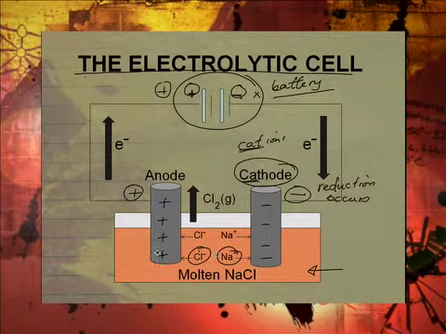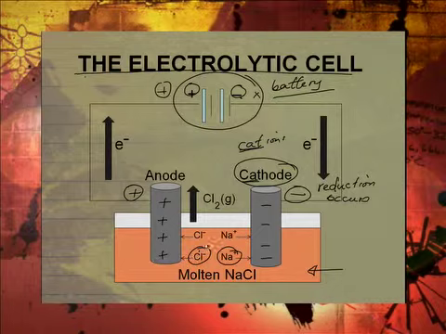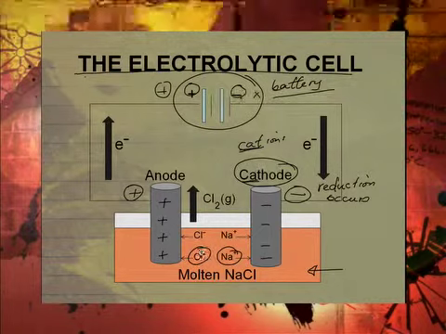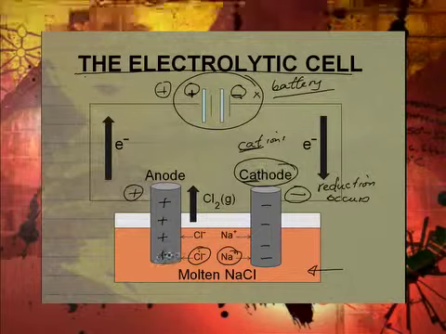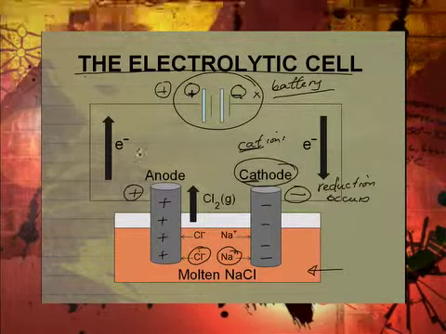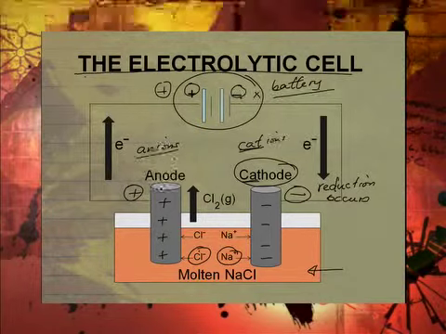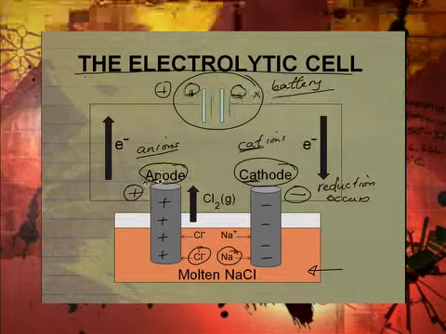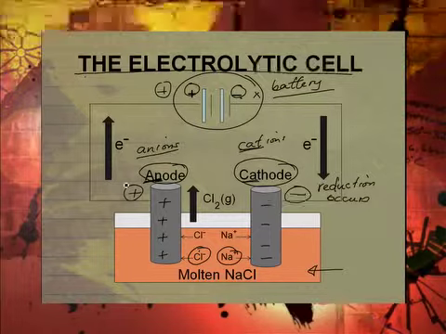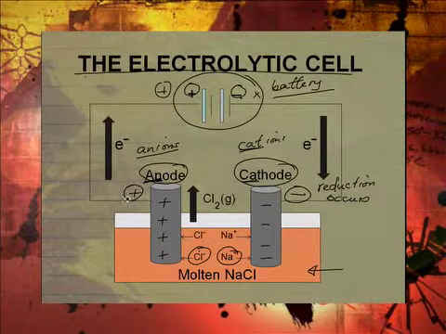It will attract the negatively charged ions in solution. Negative ions are anions, and this electrode here is called the anode because it attracts the anions. So it is the anode.